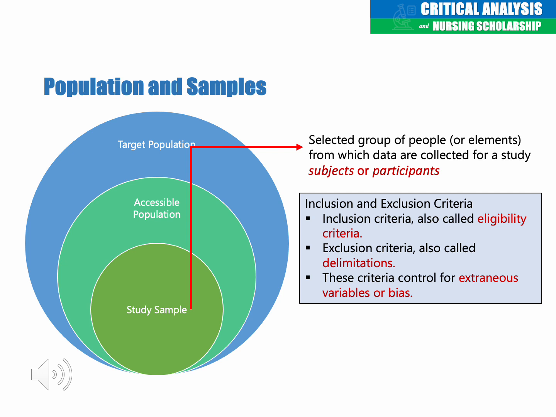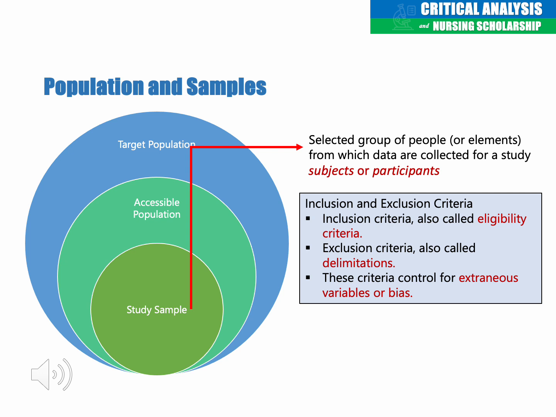Now, in the same study, I might exclude nursing students currently on academic leave. I might exclude students who are enrolled in part-time programs, and I might exclude students who have pre-existing anxiety or stress-related challenges.